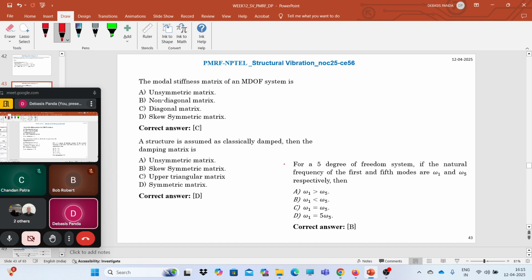For a 5 degree of freedom system, if the natural frequencies are given as omega 1, omega 2, omega 3, omega 4, omega 5, what should be the sequence? Omega 1 should be less than omega 2, which should be less than omega 3, which should be less than omega 4, and like that. So you should recall the sequence.